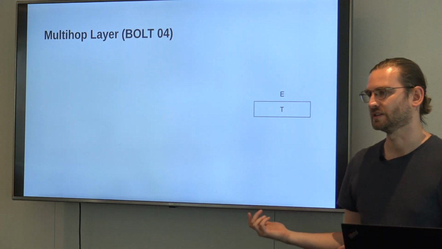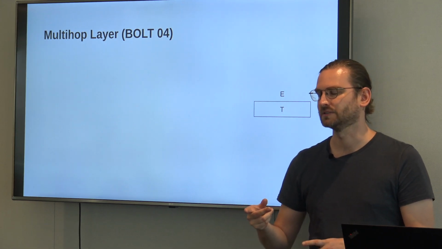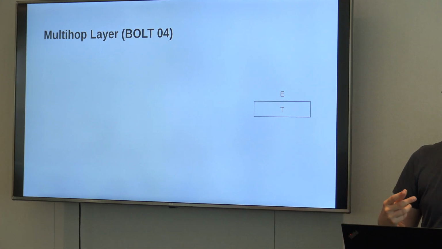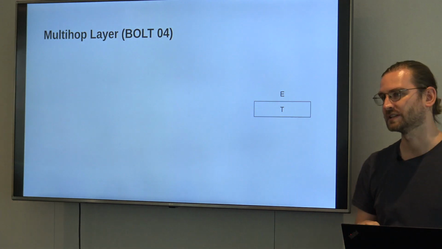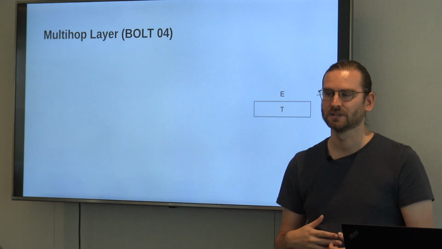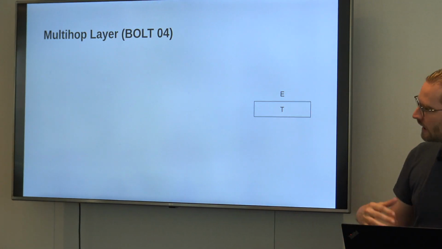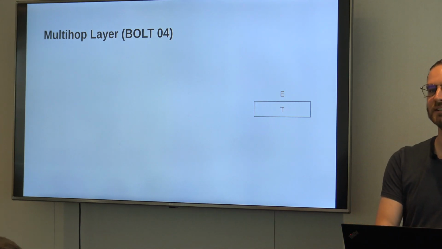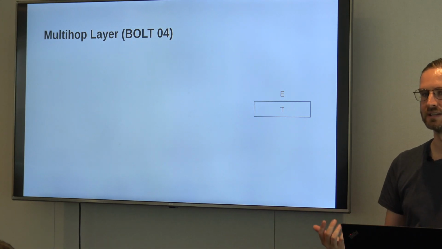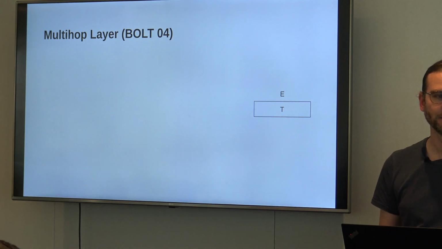The other part is of course HTLCs. These are tightly bound to each other. Every HTLC has one of these blobs attached. We will also see how to return error messages using that same mechanism, which is a bit more difficult because we don't have a central planner, which is the case in the forward path.